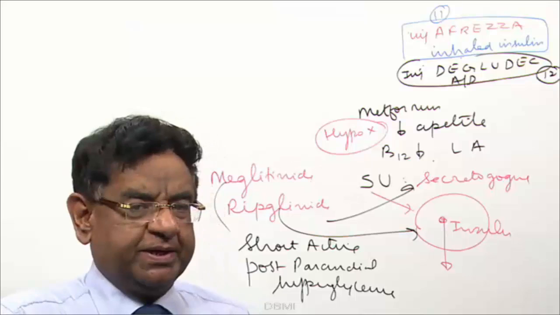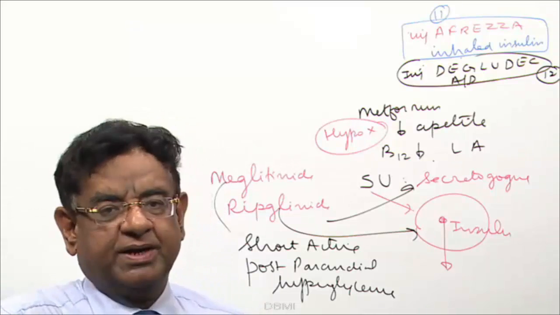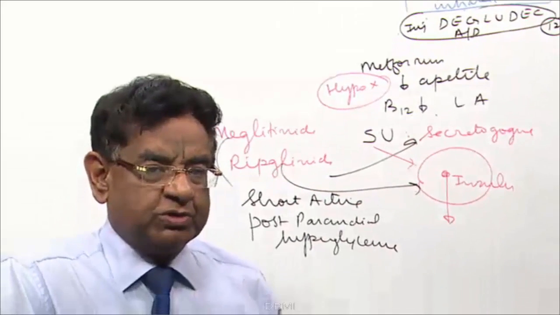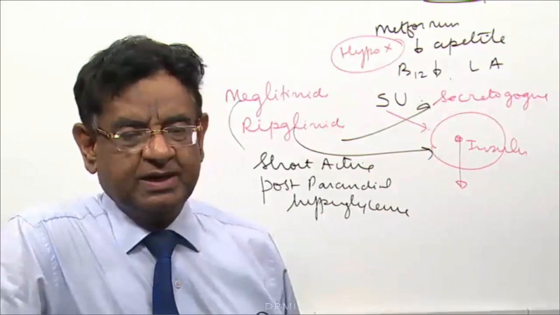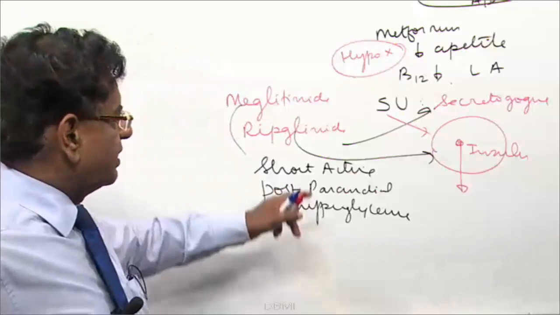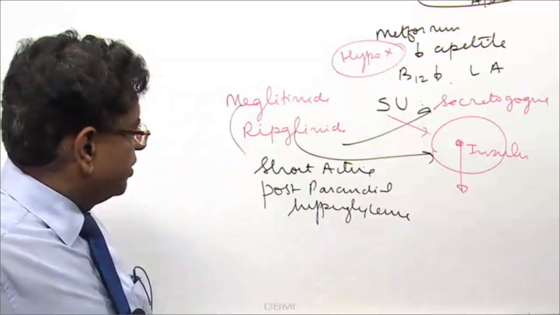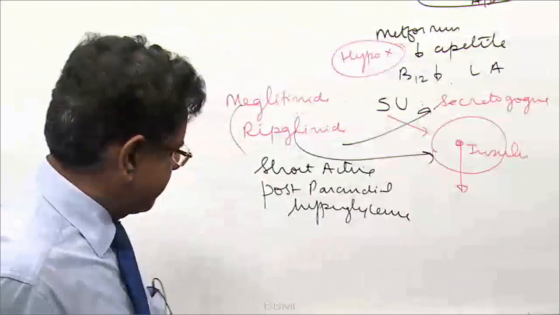Suppose you get a patient whose sugar before the meals is normal, but 2 hours after eating food the sugar goes high. We call this postprandial hyperglycemia. In those cases we need a drug with a short duration of action like these. So they are highly useful for postprandial hyperglycemia.